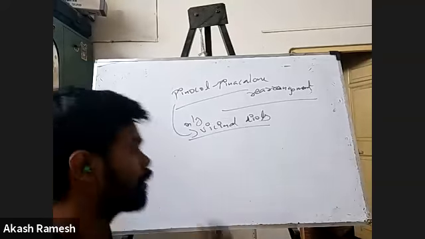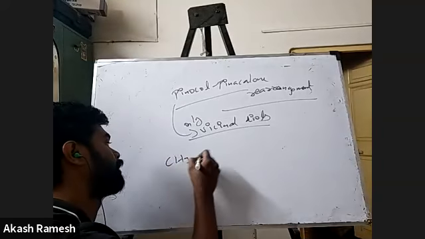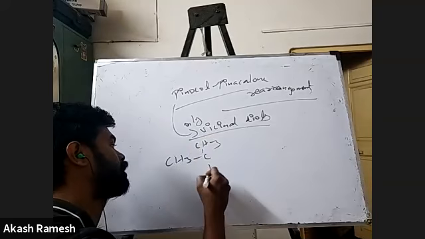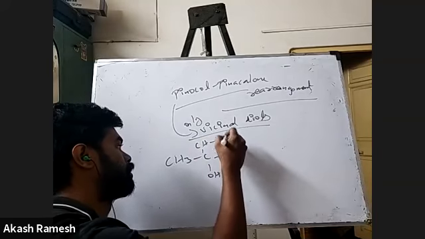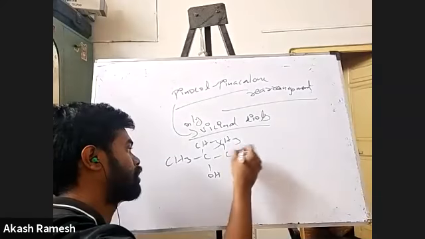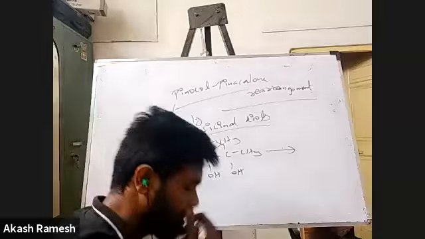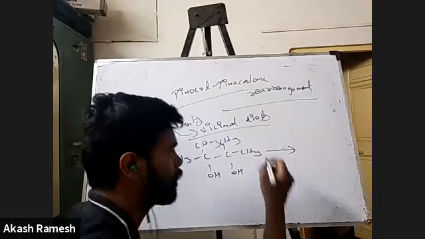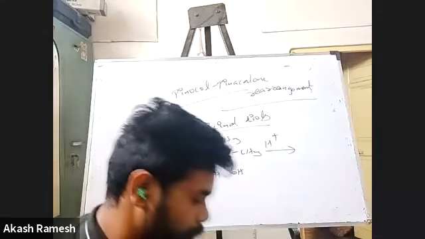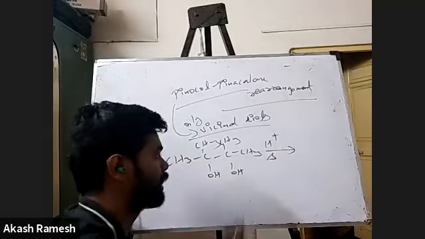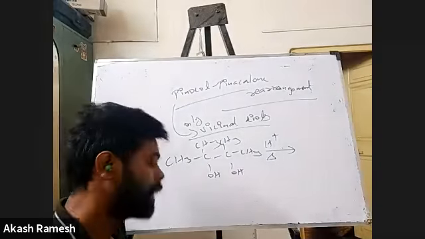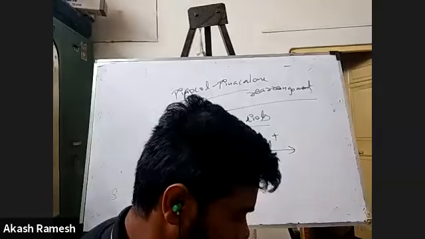If I have to give you an example, I will have, for example, CH3, C(OH), C(OH), CH3. Nothing else I have to do, I just have to put H plus, and obviously I have to go for heating. H plus and heating. What will you end up with?